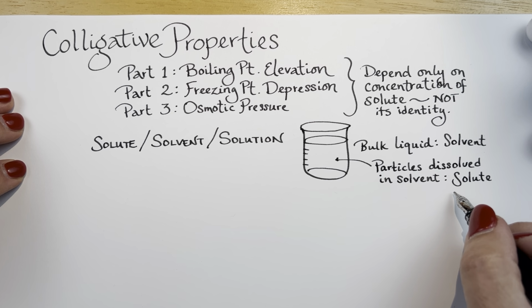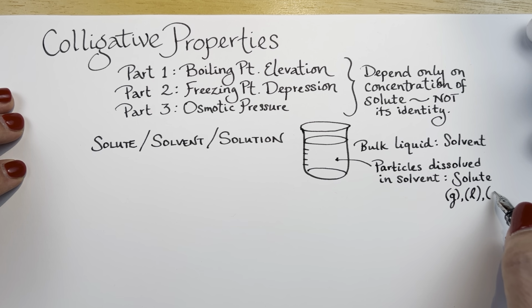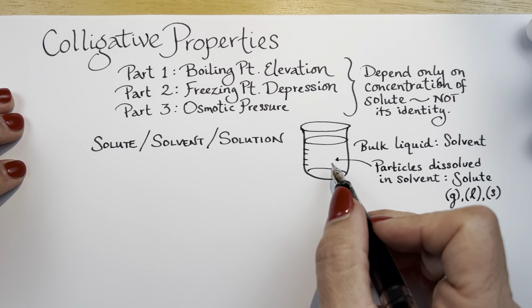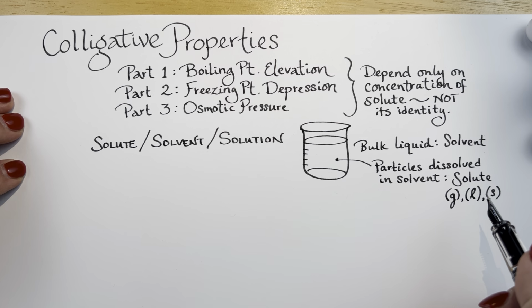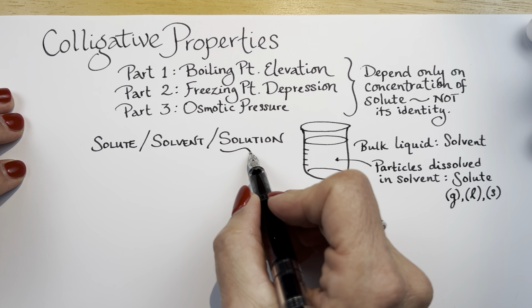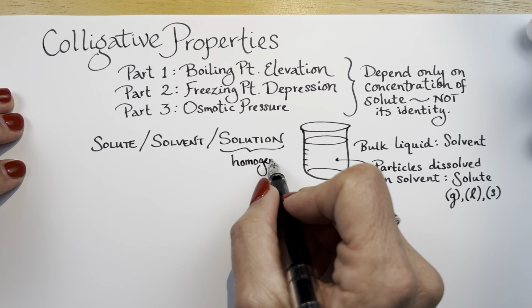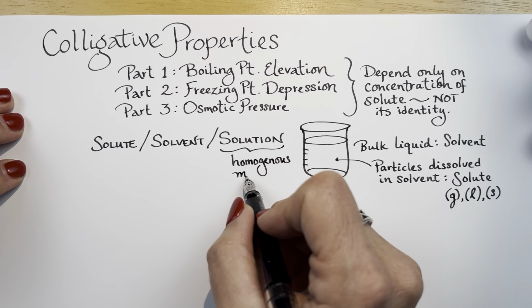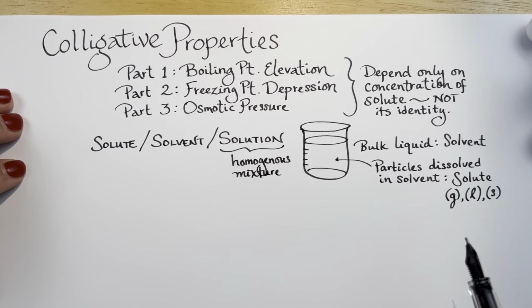This can be a gas that's dissolved, it could be a liquid that's dissolved, or it could be a solid that's dissolved. Okay. And so this whole thing with the solute dissolved in solvent, that is our homogeneous mixture of the solute with the solvent.